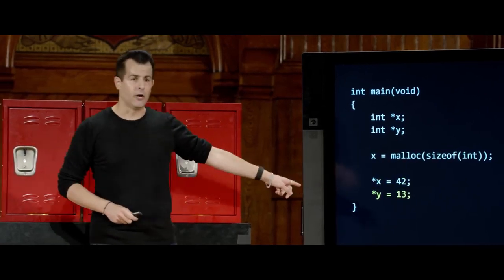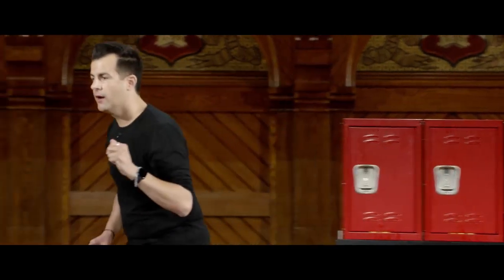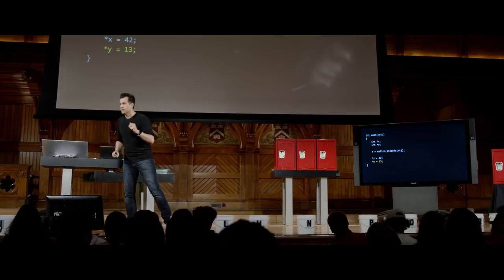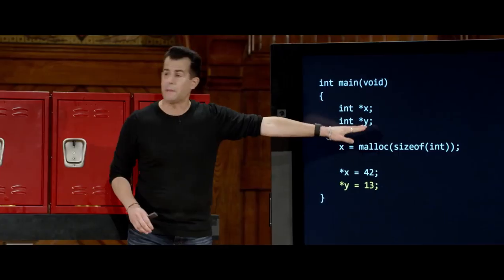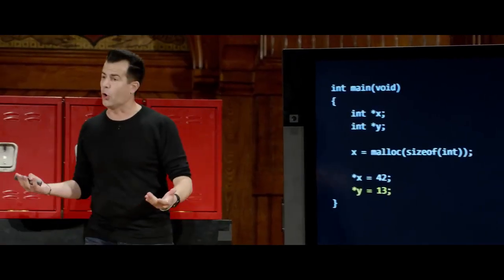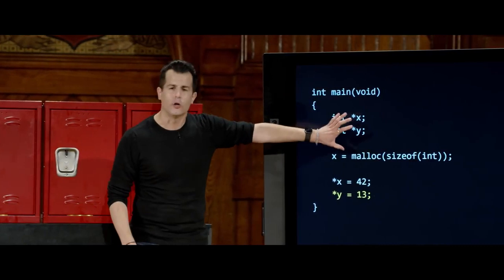This last line here, and here's the bug, if we finally reveal it here, this line is buggy. Does anyone see why? Yeah, over here. You haven't allocated memory for that variable yet. Exactly. I haven't allocated memory for that variable yet. And because up here I've just said int star y semicolon, you can only assume safely that it has some garbage value, some unknown value, maybe remnants from some other part of the program that might not necessarily be true here at the beginning of the program.